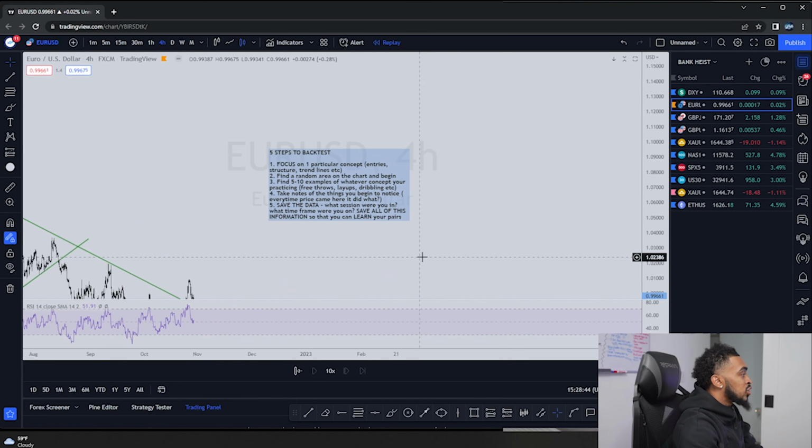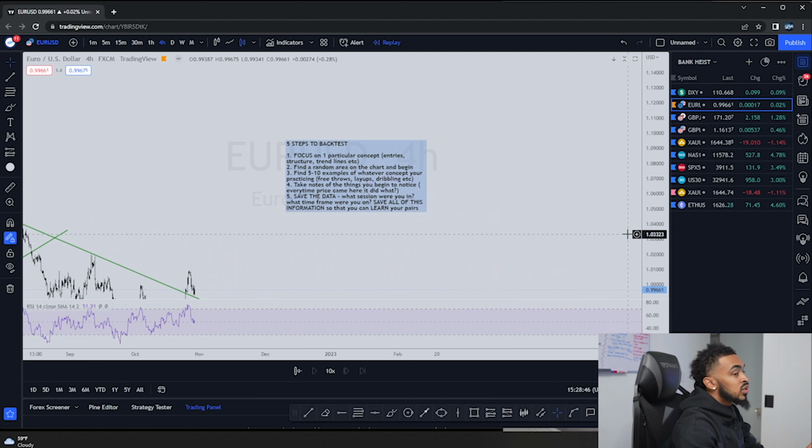So the more and more you practice whatever concept you're focusing on, the more your eye is going to naturally see those things when they start to occur inside of the market. So let's reiterate. First step, you want to focus on one particular concept and only study that area.